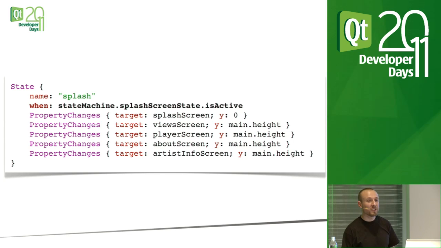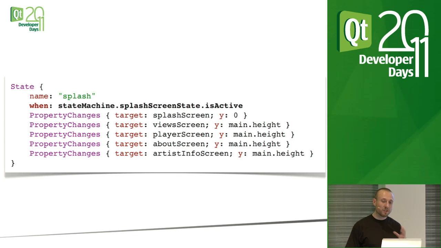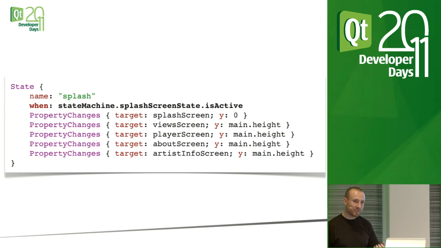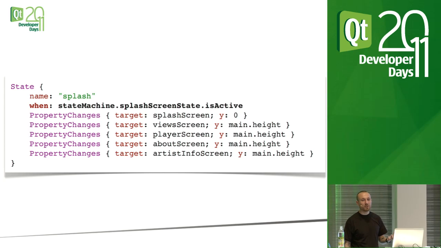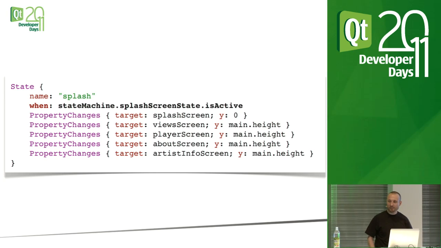This is just me speculating. I don't know for sure. I haven't read that code, but that would seem like the logical case for me. So I would guess, and this is guessing, that unless you have loaded the state, nothing will happen when you change the property here. Okay. There's a question in the back.